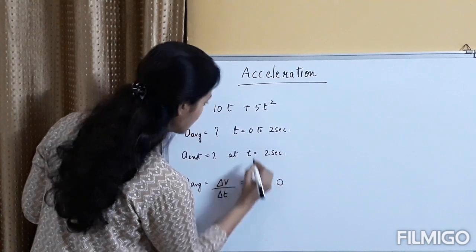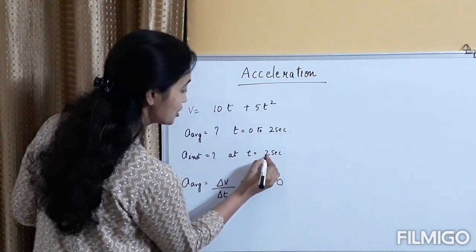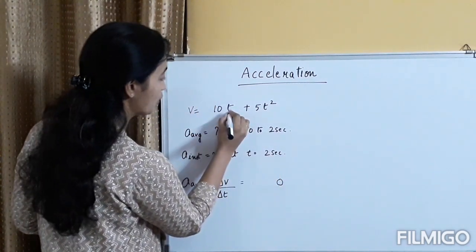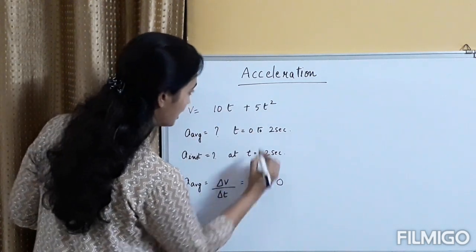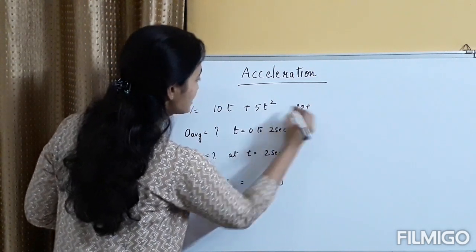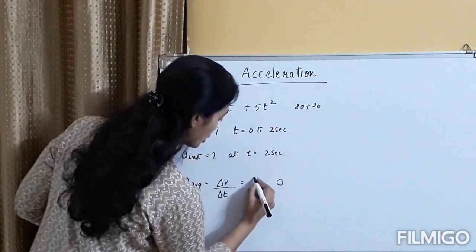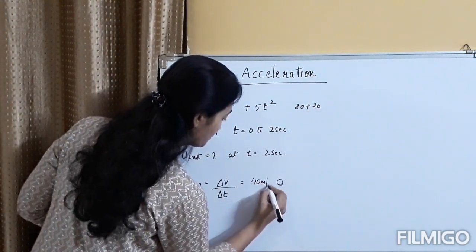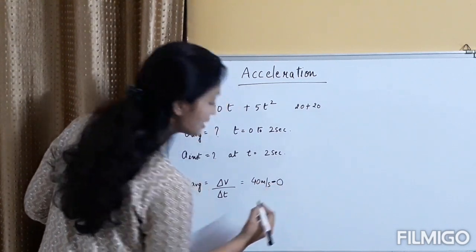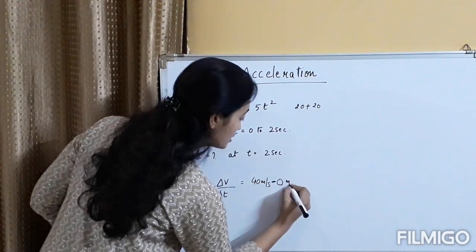Velocity when time is 2 seconds: when I put t equal to 2, this becomes 20 plus 5 times 4, which is 20. So this becomes a total of 40 meters per second minus 0 meters per second.